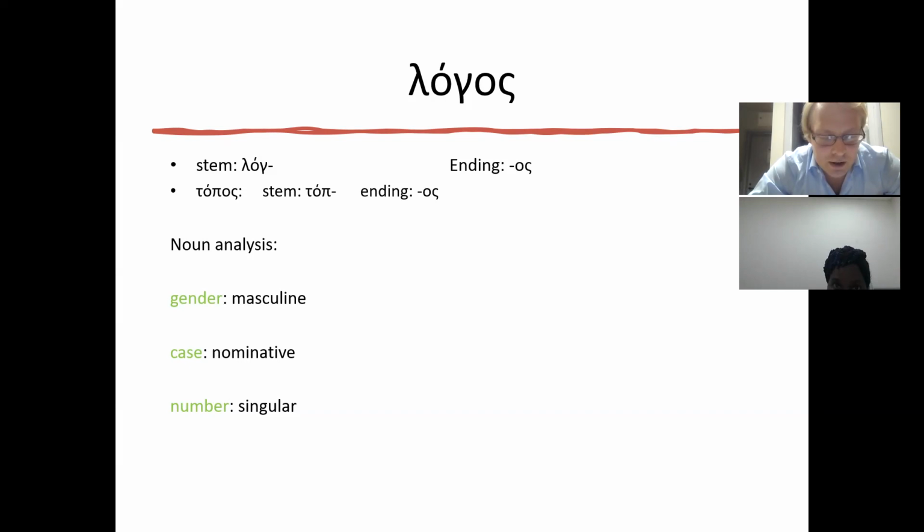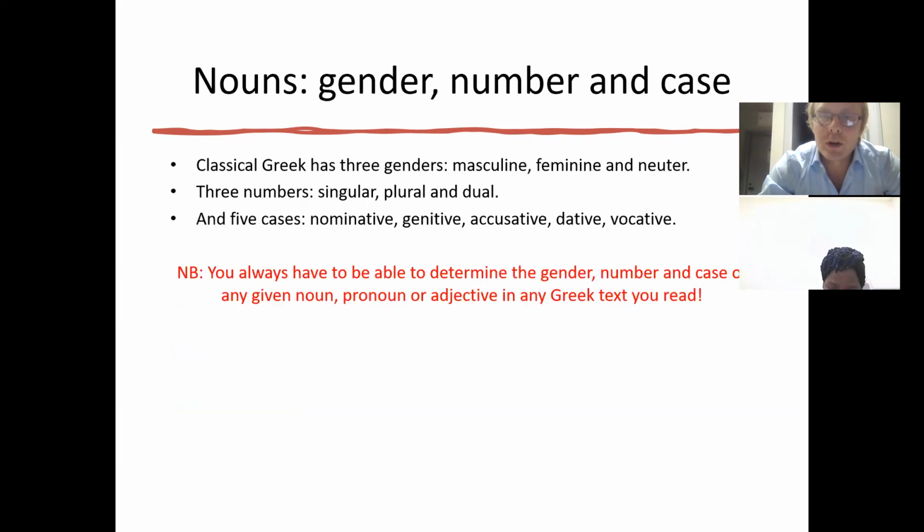So, for instance, the singular nominative ending of any masculine word in the second declension will always be -os, whether the inflected word is logos, or, for instance, the other example you can see here on the PowerPoint, topos, which means place. We will return to the inflection of these kinds of nouns in a moment.